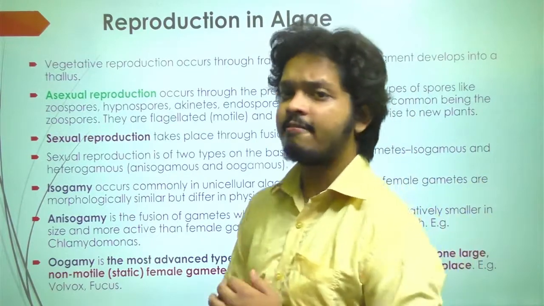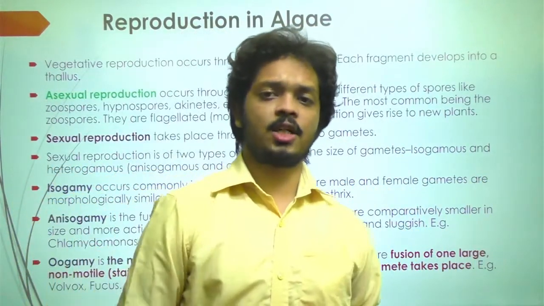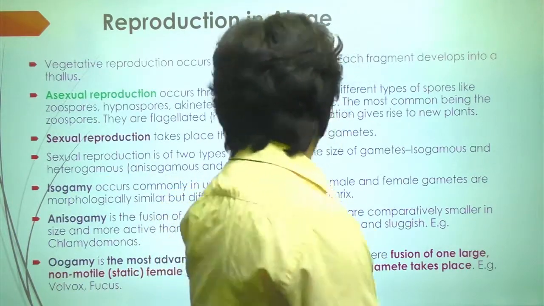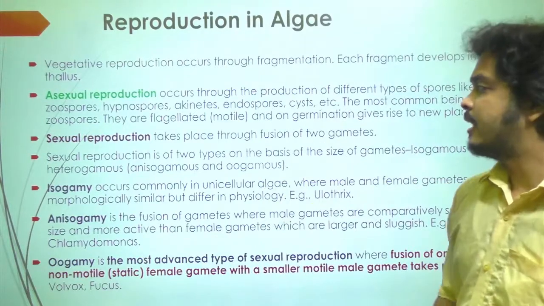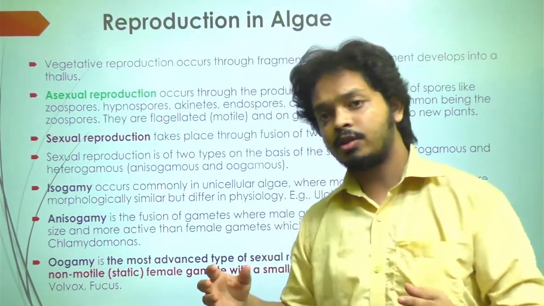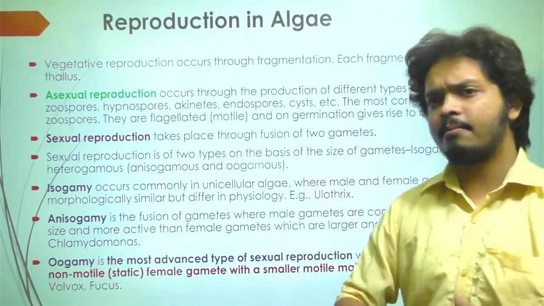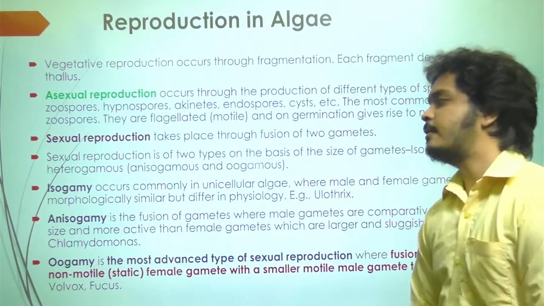These zoospores have flagella so that they can move from one place to the other, which improves their chances of survival. Now one more thing is that these zoospores not only increase their chances of survival, they also help them to move to different places and spread out across the globe. Now then we will talk about sexual reproduction.